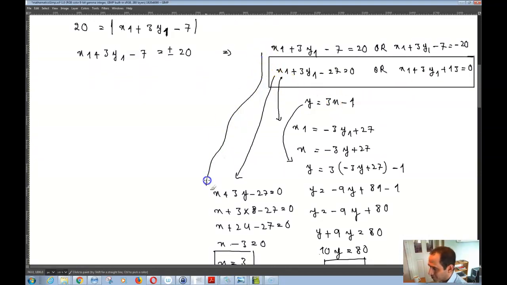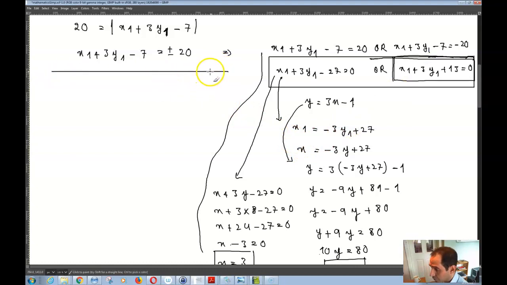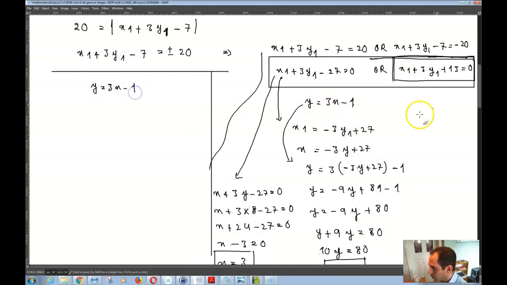So now I'm going to try this one, and this is definitely the one that we are interested in. So again, the equation of the line is y is equal to 3x minus 1, and this equation is x1 plus 3 times y1 plus 13 is equal to 0.